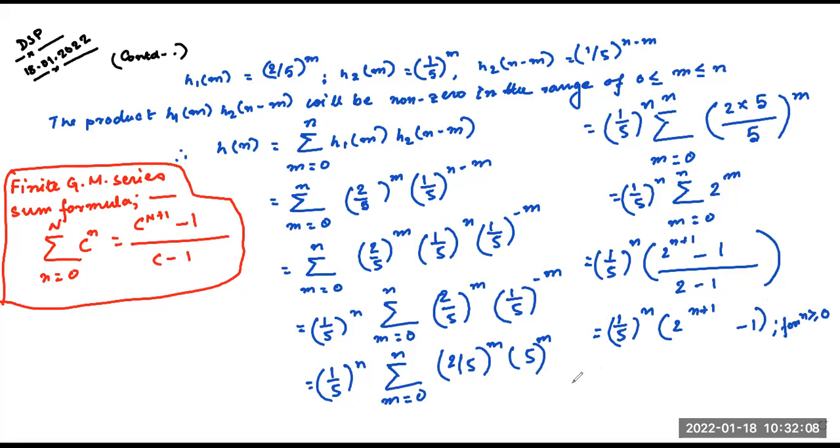That can also be written as (1/5)^n (2^(n plus 1) minus 1) u[n] for all values of n. So this is the answer.